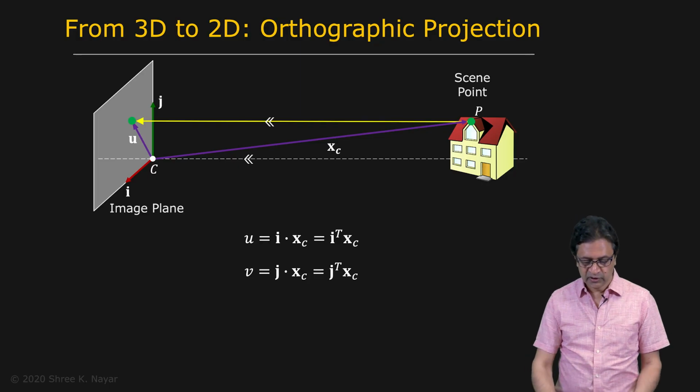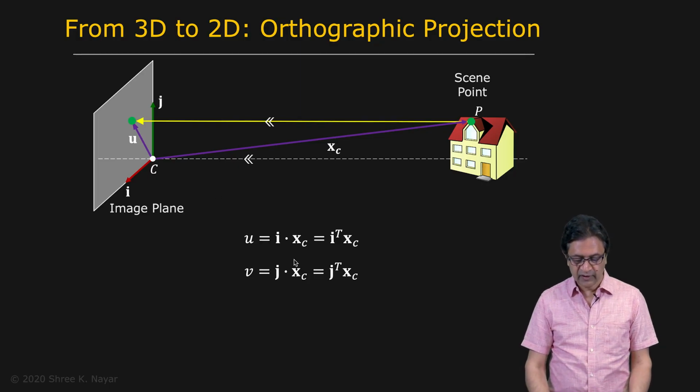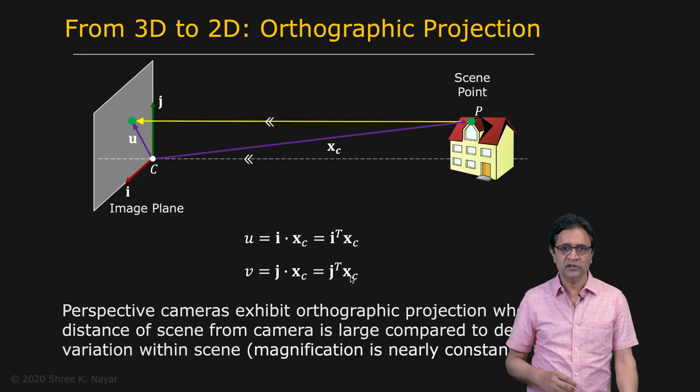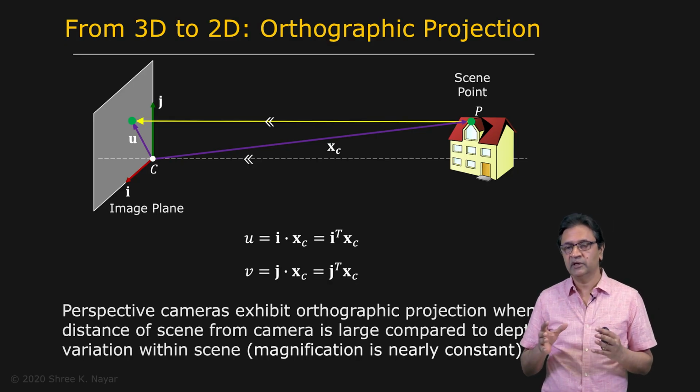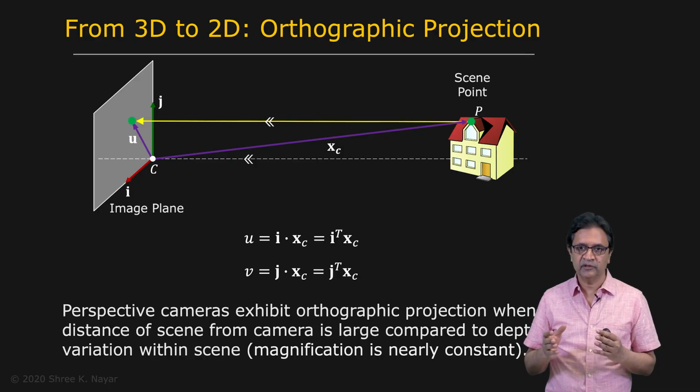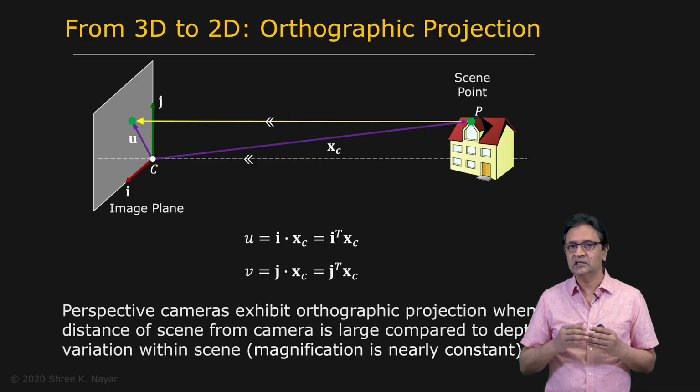And so that projection is the following. You have the vector XC, you take its dot product with the unit vector I, you get U, the dot product with the unit vector J, you get V, and so that can be written as I transpose XC and J transpose XC.